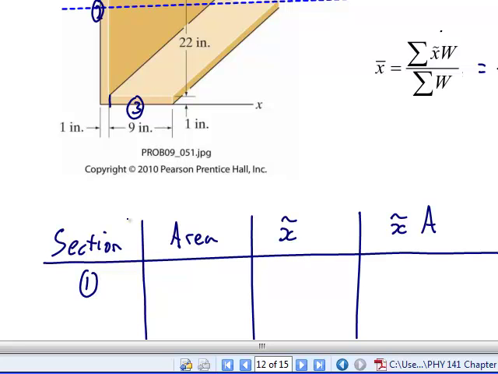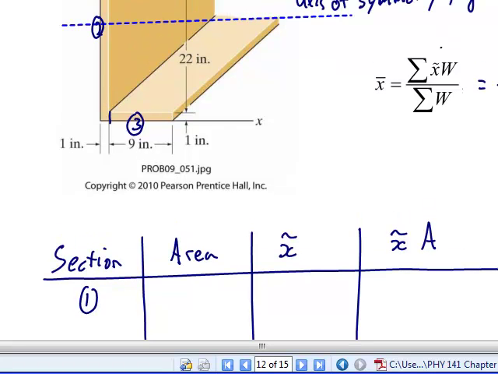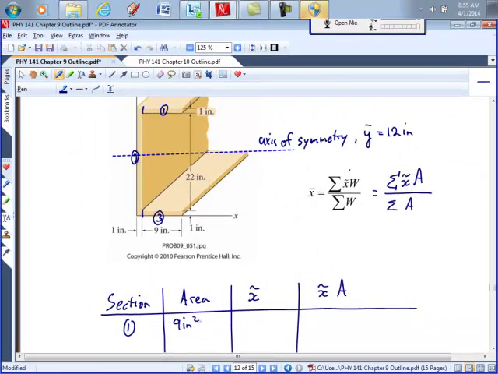So section 1, which is the top, its area is going to be 1 inch times 9 inches. That'd give us 9 inches squared. Where would its x tilde be, its centroid? Well, its centroid is going to be in the center of it. So then 4.5 plus 1. Right.